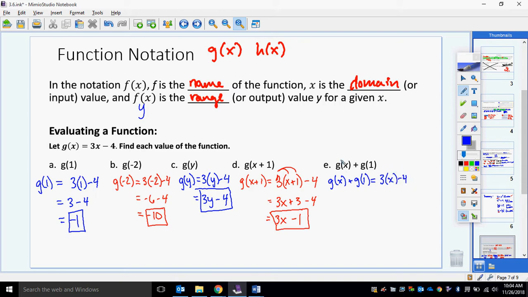Plug in x to that function. Then you go ahead and write your addition sign. This stood for g of x. And we're adding it with g of 1. So plug in 1 into x's spot, and simplify.